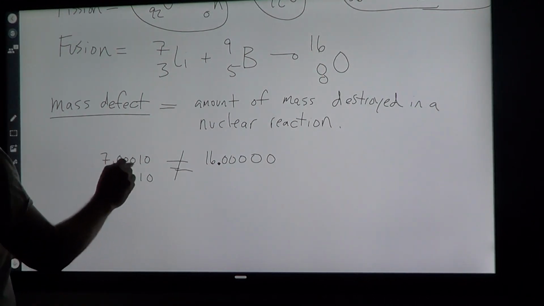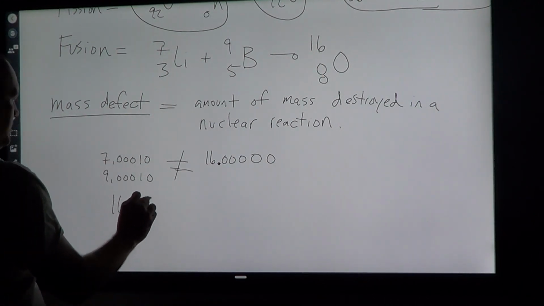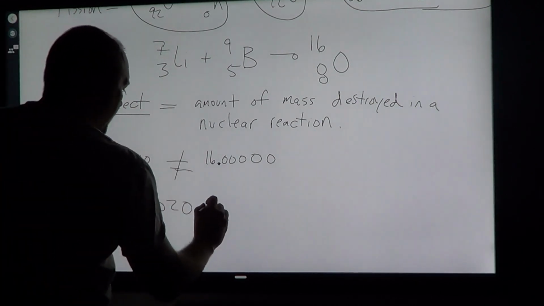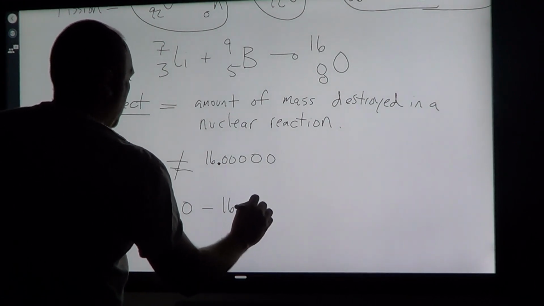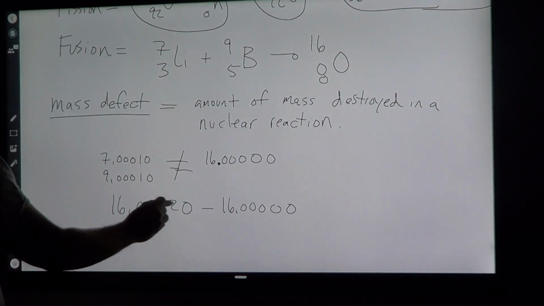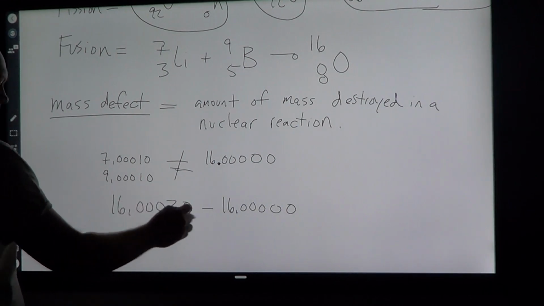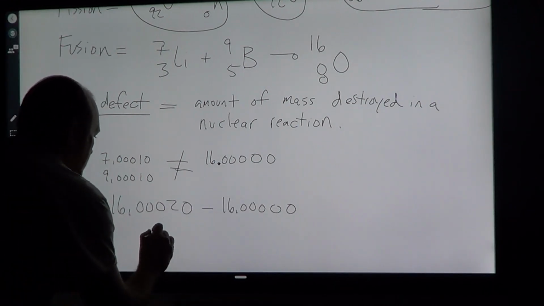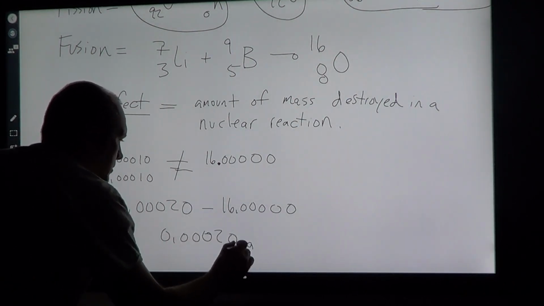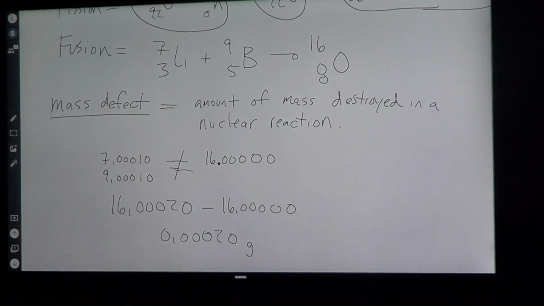Okay? These numbers add up to 16.00020. And so the mass defect would be the mass at the beginning minus the mass at the end. Okay? Grams. Okay? Or AMUs. Okay, we're just going to pretend like it was grams.